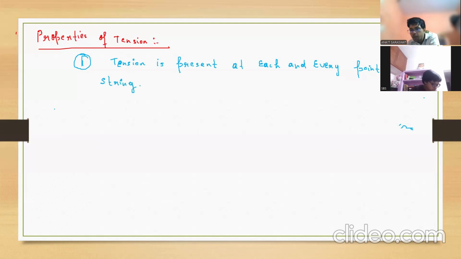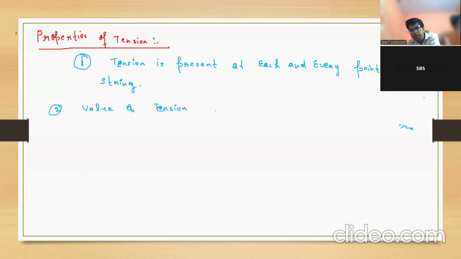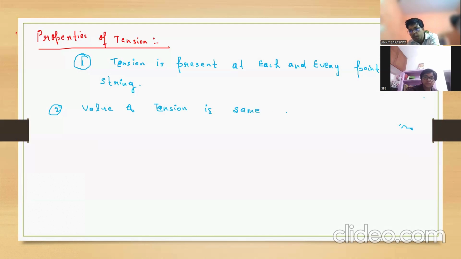Next is value of tension. Value of tension is same if a string is massless.